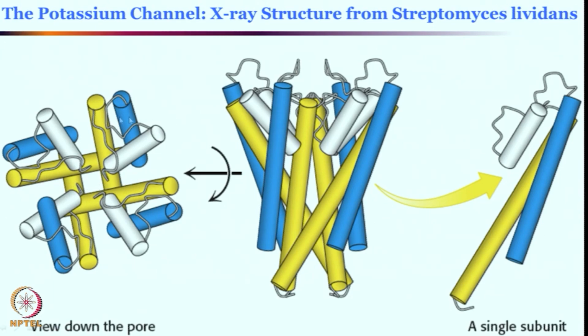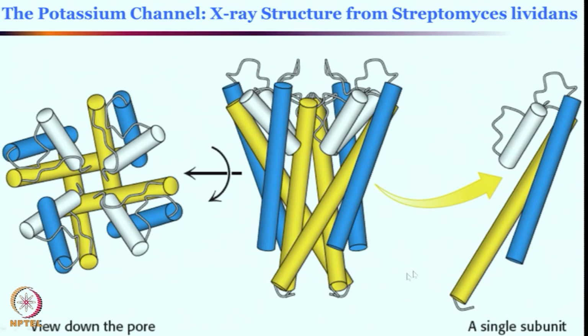So this overall orientation gives rise to this passage through which perhaps different metal ions can pass. But more importantly, how this passage is controlling a particular metal passage only, but not allowing other metals to pass through, this is quite interesting to know.